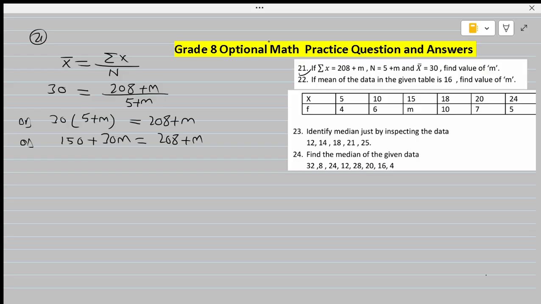Now let's keep like terms together: 30m and m on one side, and 208 and 150 on the other. 30m minus m is 29m, and 208 minus 150 is 58. So m equals 58 divided by 29, which is 2. So the value of m equals 2. So that's number 21. Now I go with number 22.